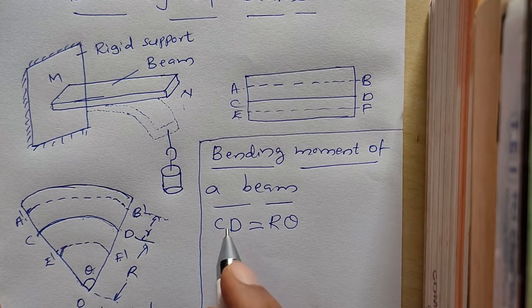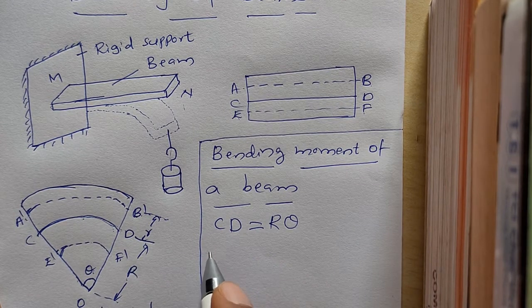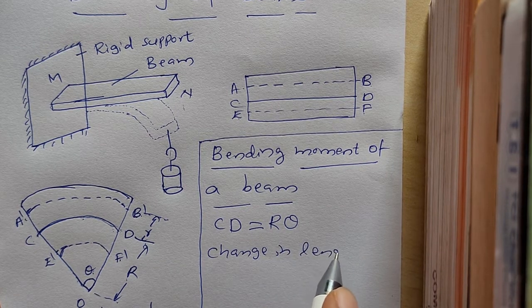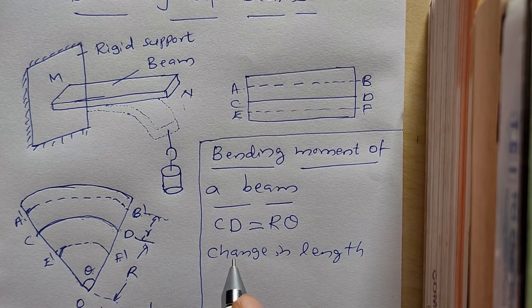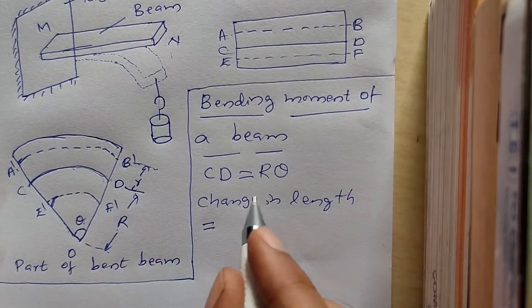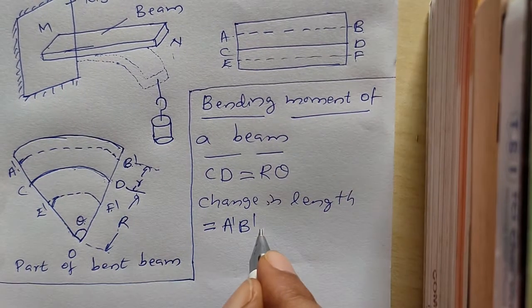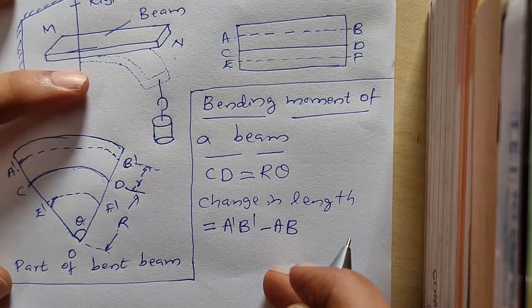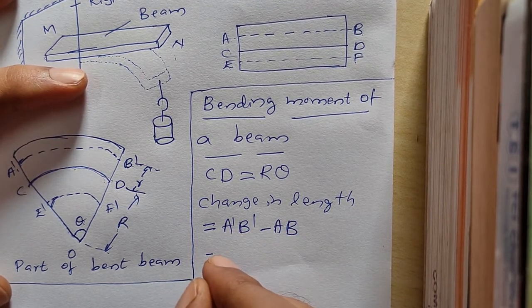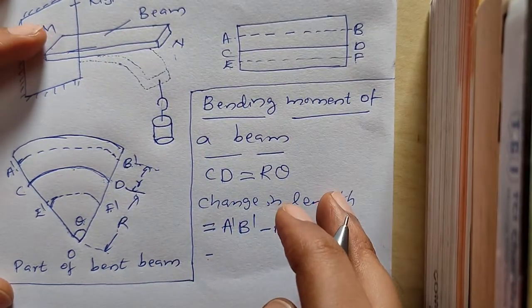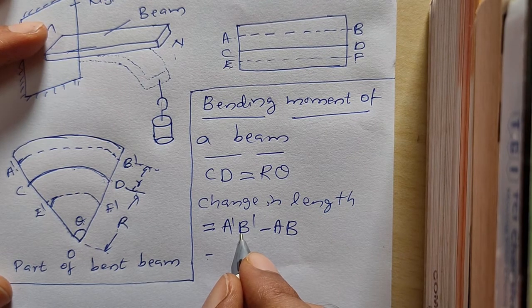The change in length of the filament AB is equal to A dash B dash minus AB. To find this we should know A dash B dash.